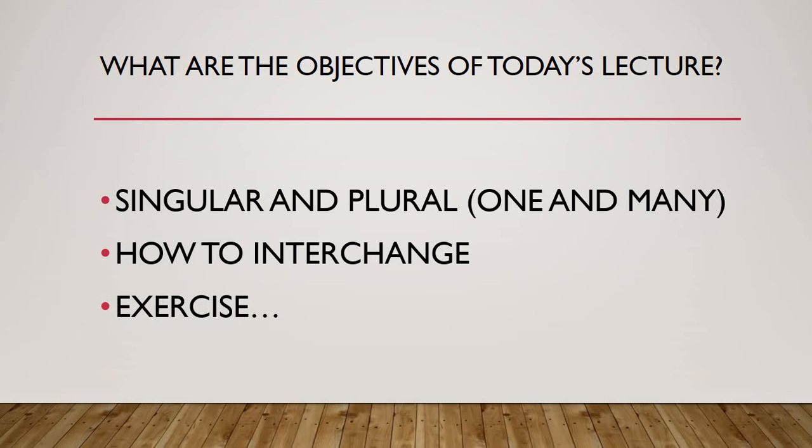Before the exercise, an explanation will be given, because there are various ways to change from singular to plural. It depends on the word and how the word ends. So let's see first the basics, what singular and plural are, then how to interchange them, and then the exercise based on it.